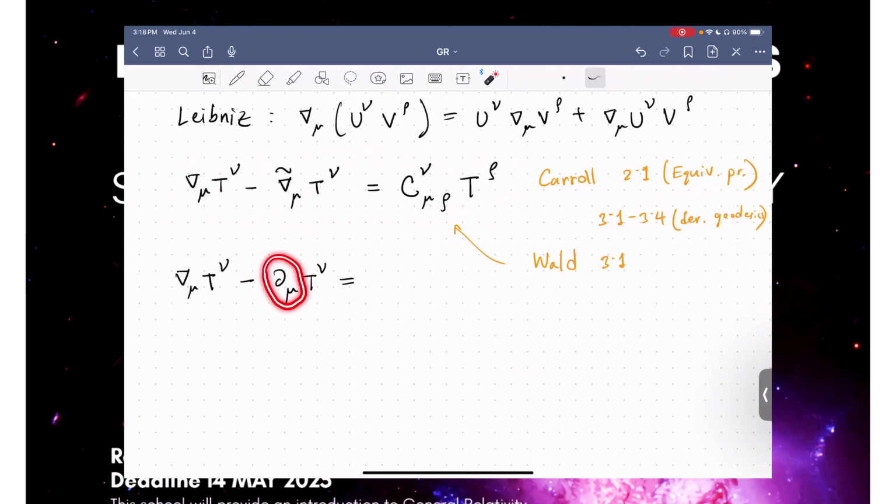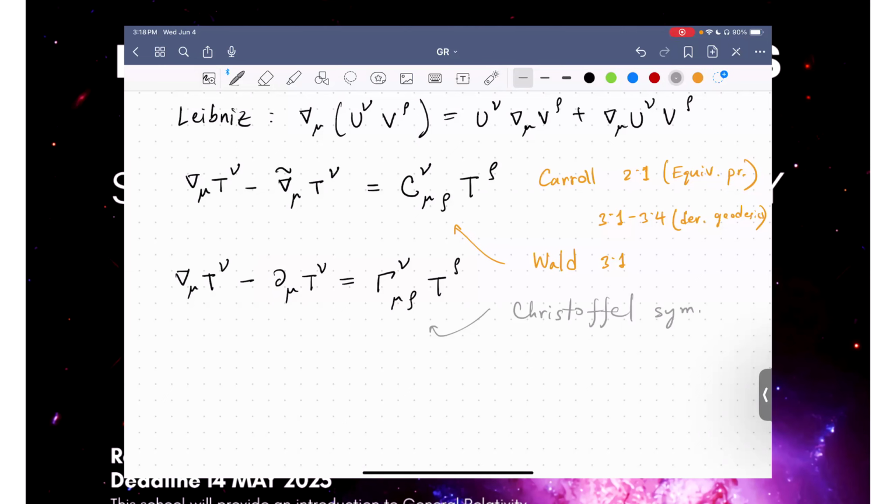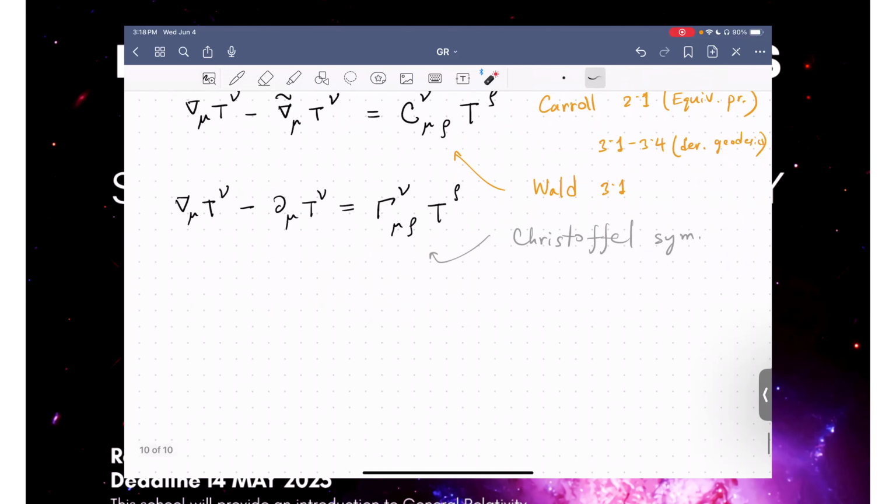When our reference is the partial derivative, this is written with the symbol gamma, and it's called the Christoffel symbol. Again, since this is not covariant, it is not a tensor, and that's fine. So the point here is that associated with any covariant derivative, there is a Christoffel symbol which measures how much this derivative differs from just the ordinary partial derivative.